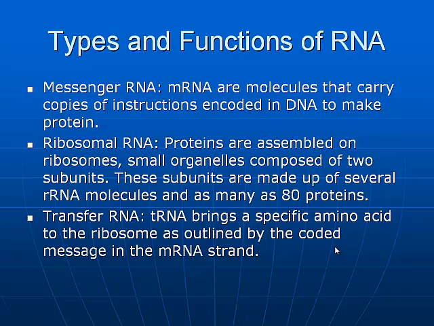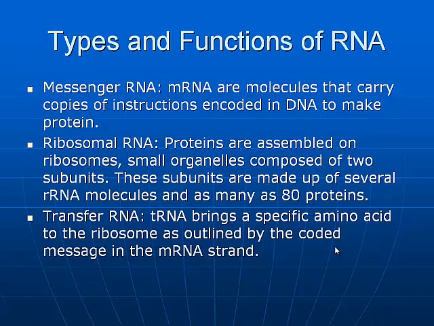So the ribosome is basically this giant complex made up of rRNA, which catalyzes or initiates the translation of the mRNA strand into a functional protein. So it's what translates the code of the DNA.